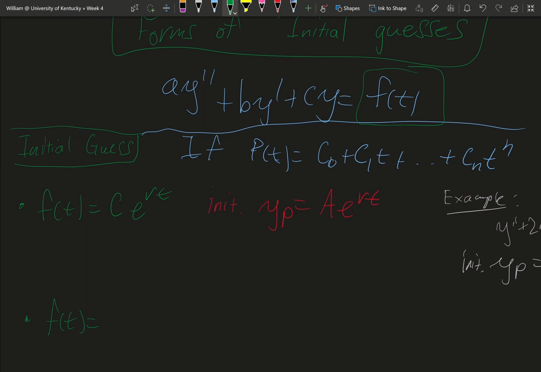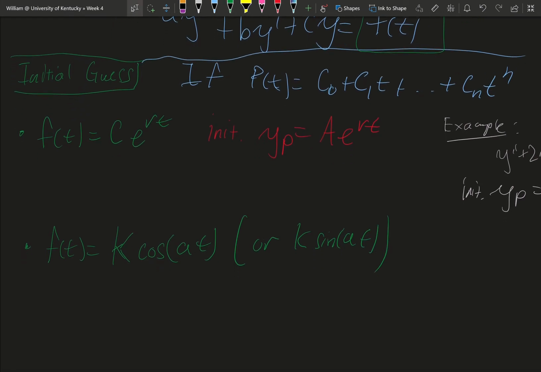If f of t is, let's say some number, let's call it k now, times cosine of at, or k times sine of at, then our initial guess is going to have plus a cosine of at, and then plus b sine of at.